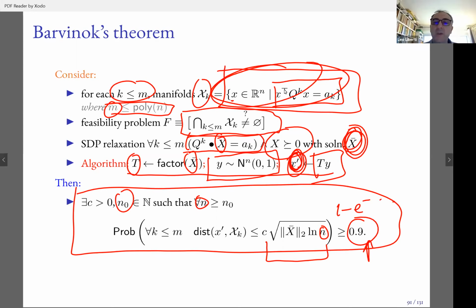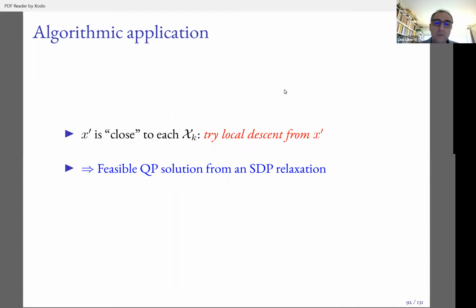So if we were using our SDP relaxation to lift a problem that was hard in n dimensions, and now in n times n dimensions, it's easier, it's more linear, let's say, then we have a problem of retrieving an original solution like we did in the DGP before. So if X prime is close to each of the manifolds, we can try a local descent from X prime and have reasonable hope of finding a feasible point in the intersection of the manifolds, okay?